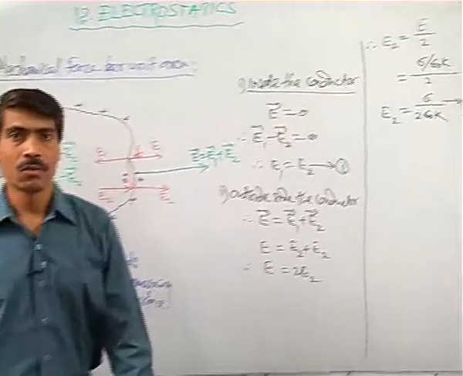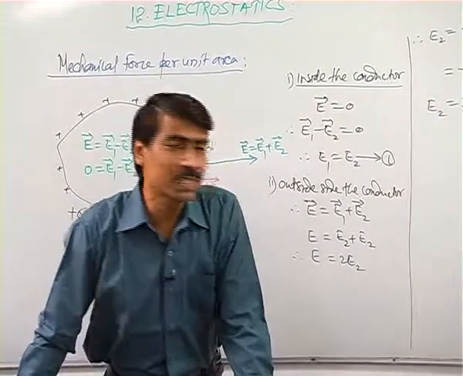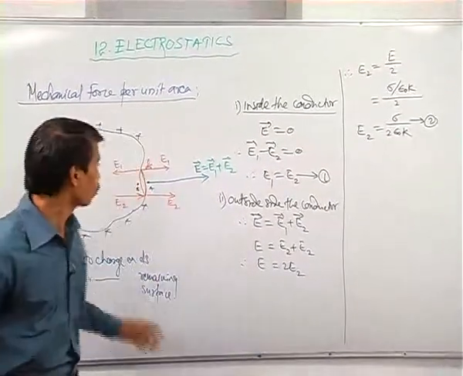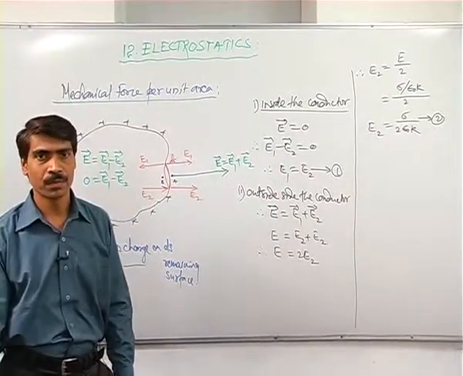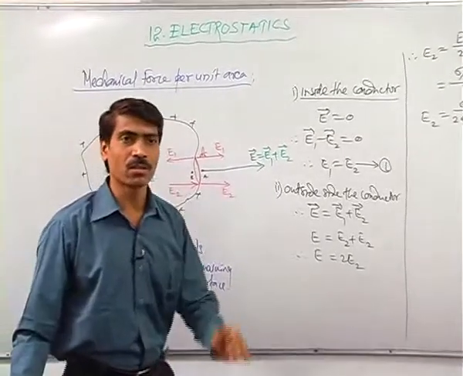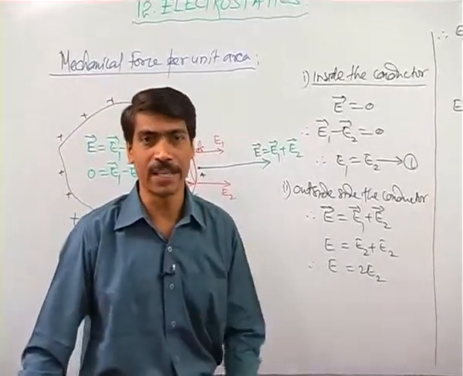We now have the value of E2, that is the electric intensity due to the charge on the remaining surface at point A. Now we are going to find out the mechanical force per unit area.